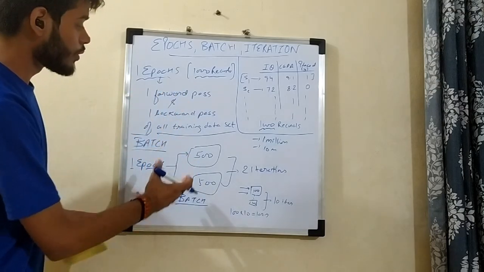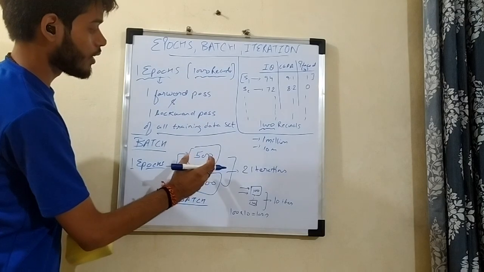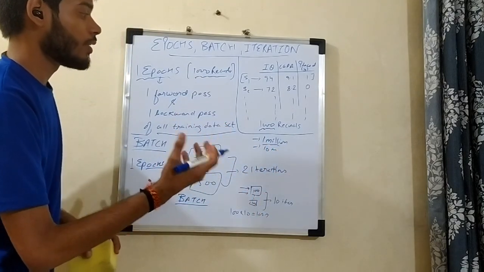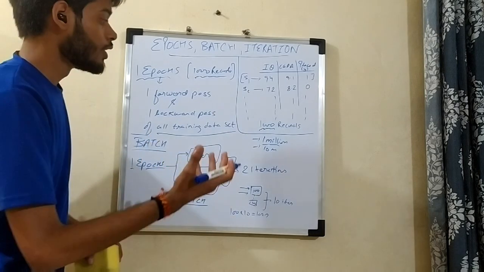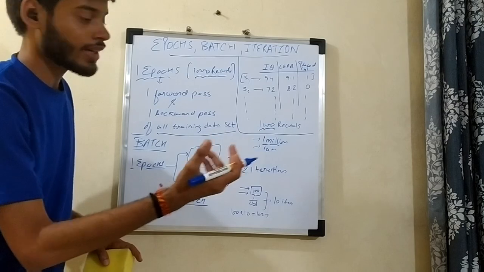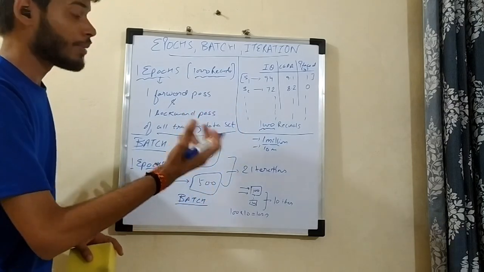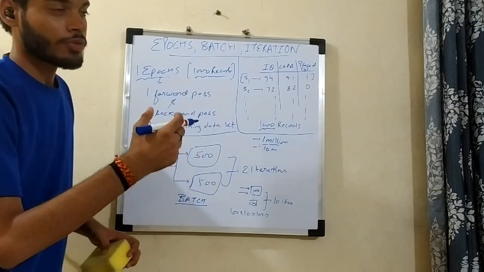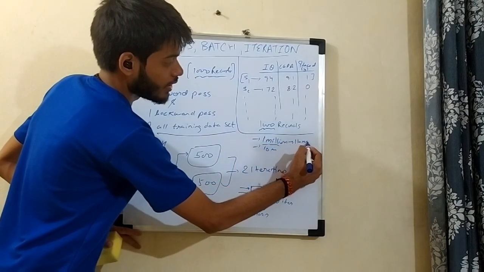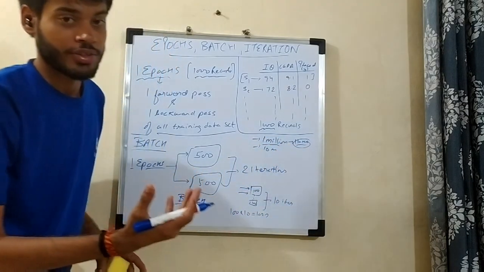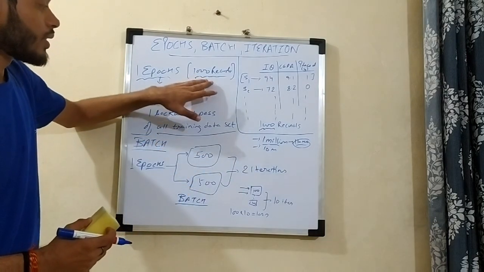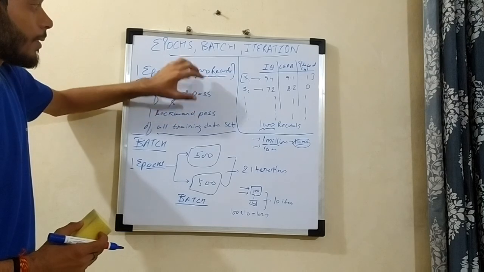The same way we divided these 1000, if you have 1 million, which is 10 lakhs, you can divide it into batches of 1 lakh, 10 batches. So if you are dividing 1 million into batches of 1 lakh, you would have to perform 10 iterations, right?